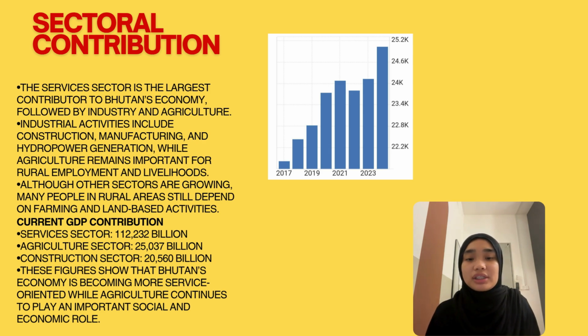sectoral contribution. The service sector is the largest contributor to Bhutan economy, followed by industry and agriculture. The service sector contributes around 112.232 billion to GDP, while agriculture contributes around 25.037 billion and construction contributes around 20.560 billion.